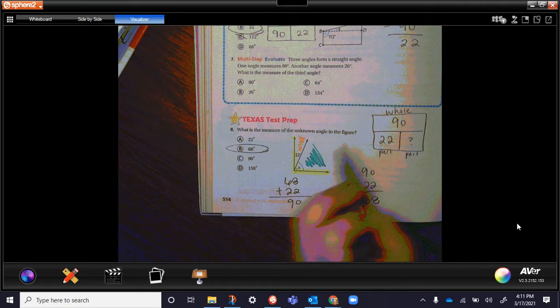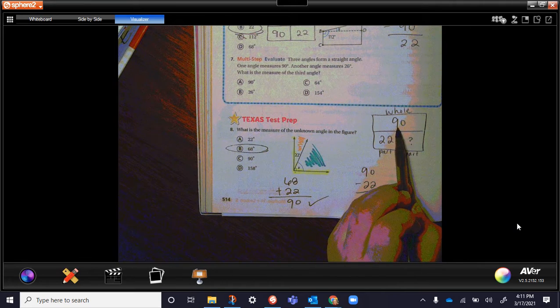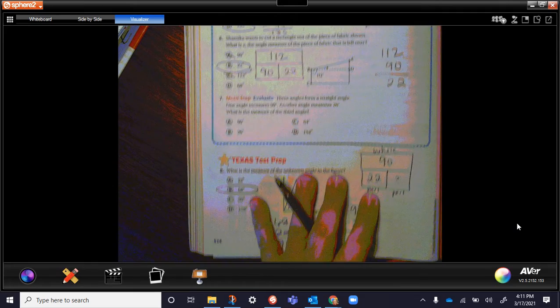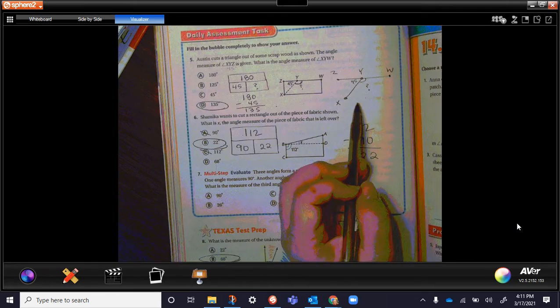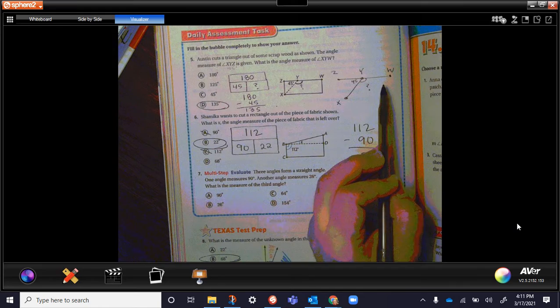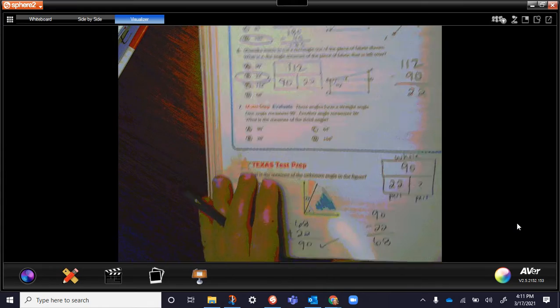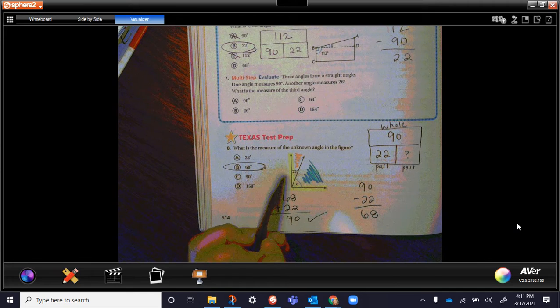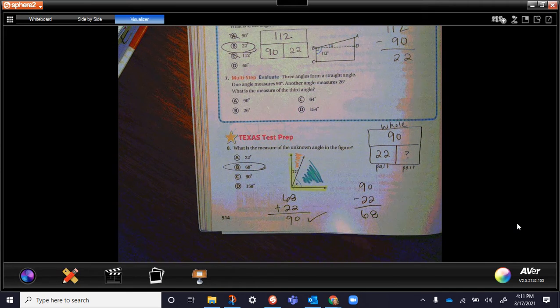Sure enough, there is, so we put 90 as our whole. Or you're looking for those straight angles, like in the above problems where you had the straight line showing that's 180 degrees. So where it's only giving you one number, be on the lookout for those 90s and those 180s, those right angles and those straight angles.